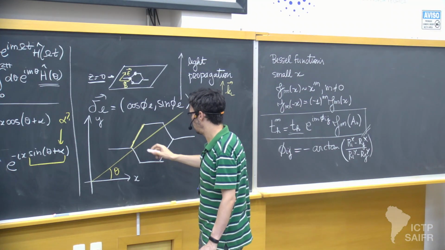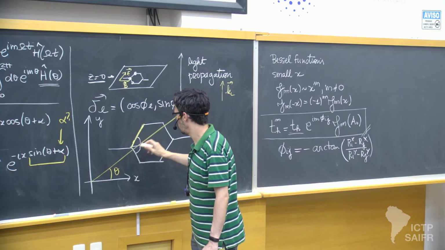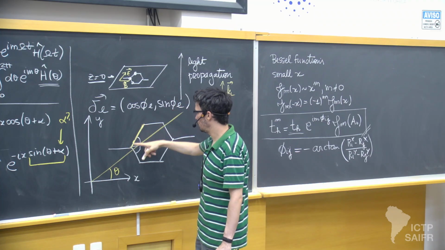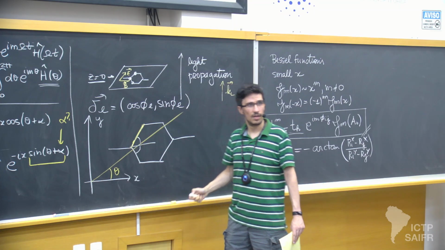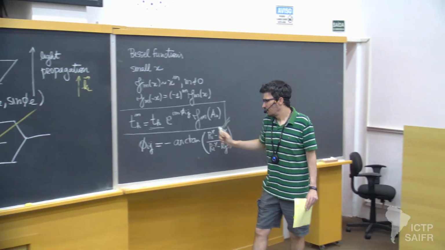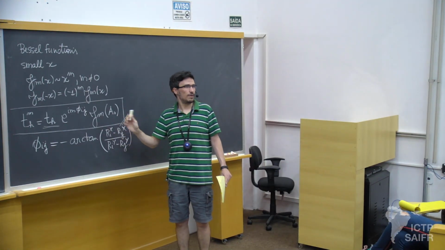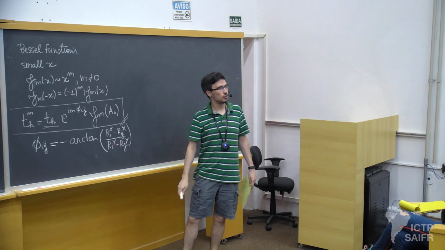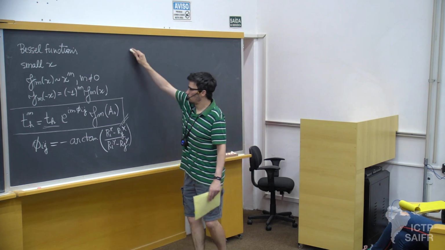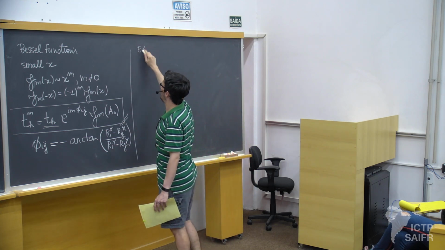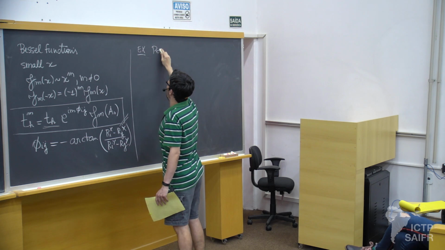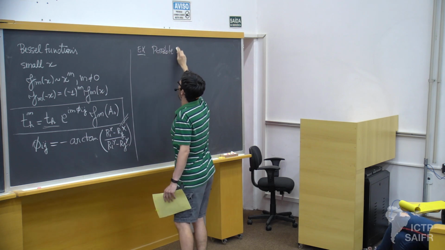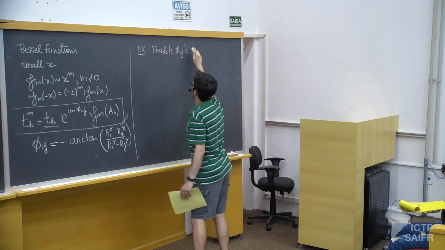You do trigonometry, right? So you have the angle here, so you know the difference between this x position and so on. You just plug them here. You're going to get only a small collection of 3 possible values for this phase. And I suggest you collect all of them. I will leave it as an exercise because we don't have time: what are the possible phi ij's for graphene?